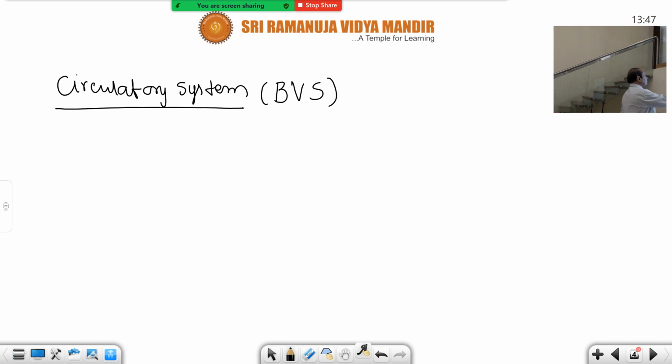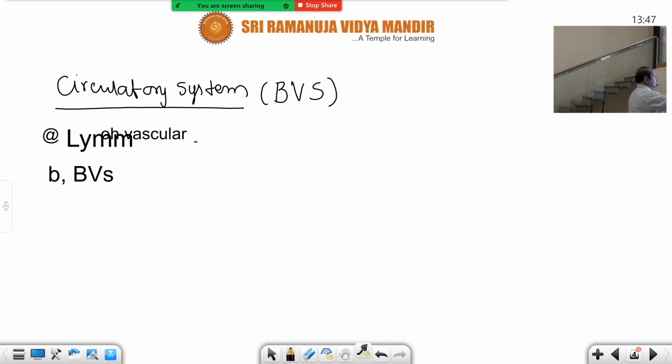The circulatory system of frog includes the lymphatic system, the lymph vascular system, and the blood vascular system, BVS.